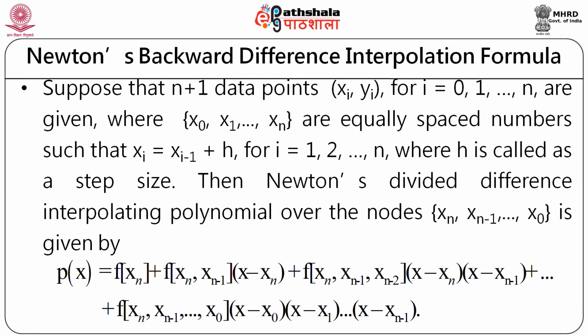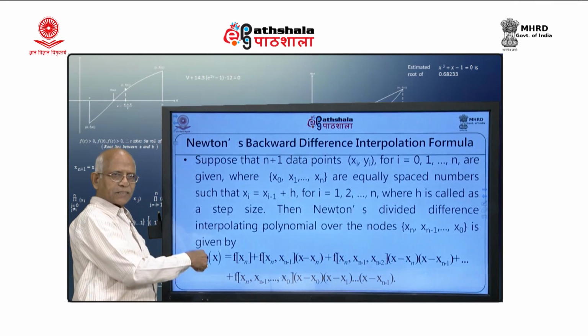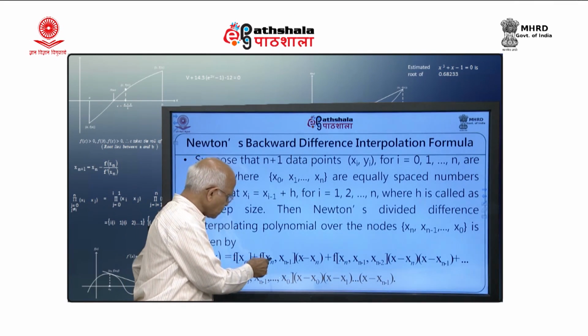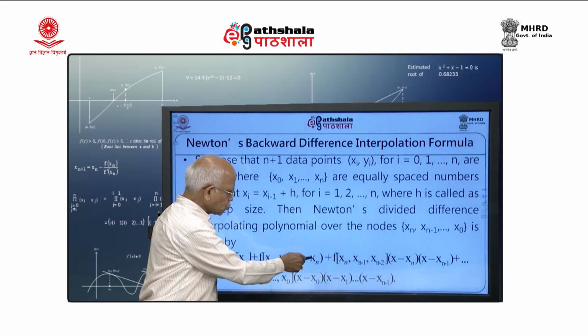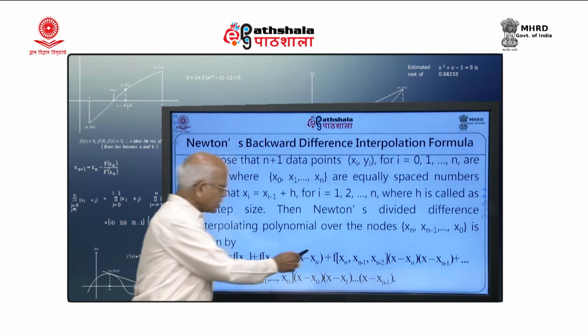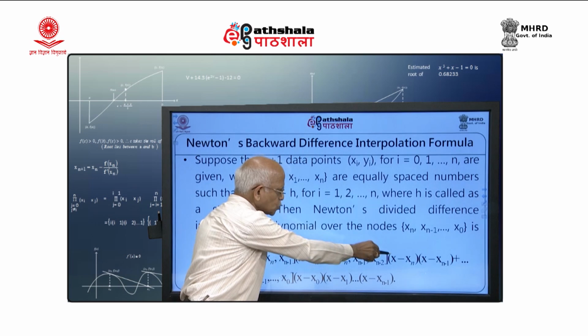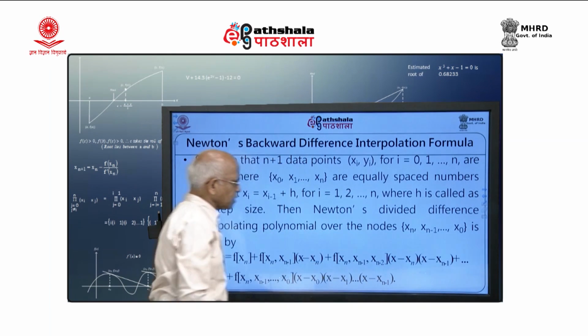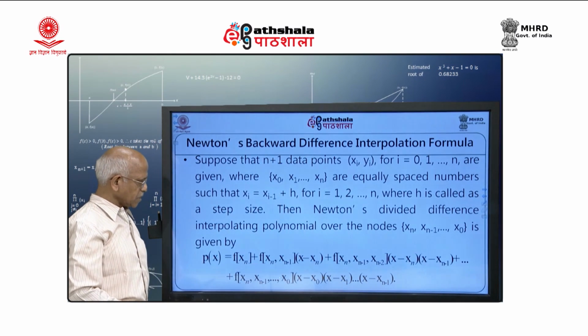And when we write nodes in that order, my divided difference interpolation formula becomes p(x) equal to f(xn). So, now the first node is xn. So, I will get f(xn) plus f[xn, xn minus 1] into (x minus xn) plus f[xn, xn minus 1, xn minus 2] into (x minus xn)(x minus xn minus 1), and like that I will be getting.